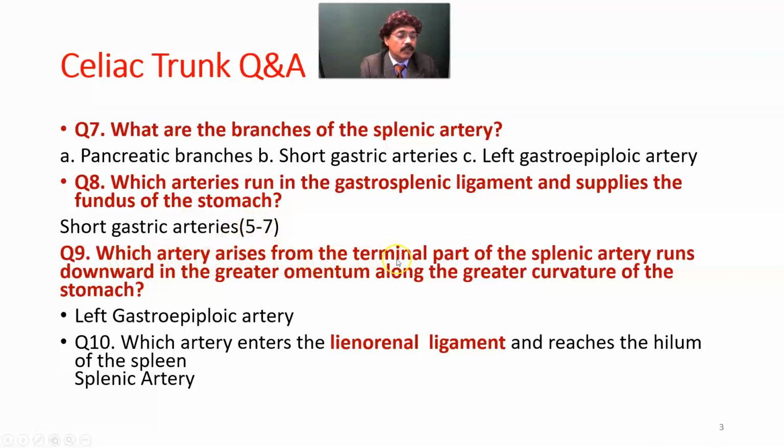Which artery arises from the terminal part of the splenic artery and runs downward in the greater omentum along the greater curvature of the stomach? The left gastroepiploic artery. Which artery enters the lienorenal ligament and reaches the hilum of the spleen? The answer should be the splenic artery.